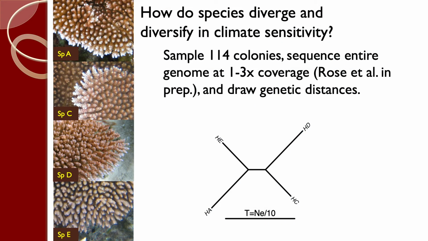A graduate student in my lab, Noah Rose, led the study of a set of individuals of these species by taking 114 colonies, doing entire genome sequencing of all 114, and then looking to see how different each individual colony was depending upon what cryptic species it was.